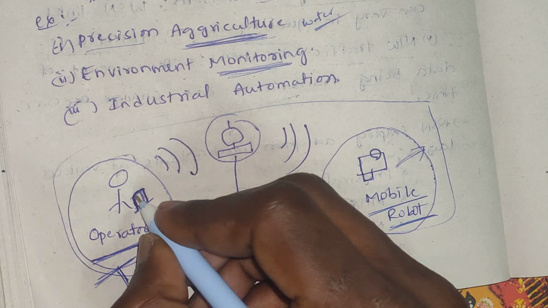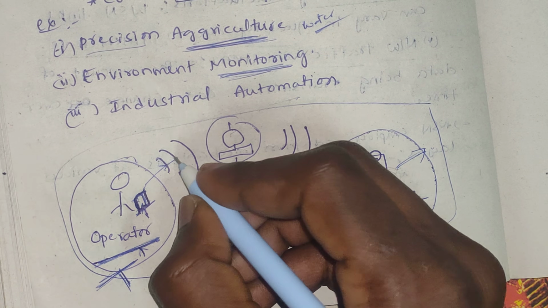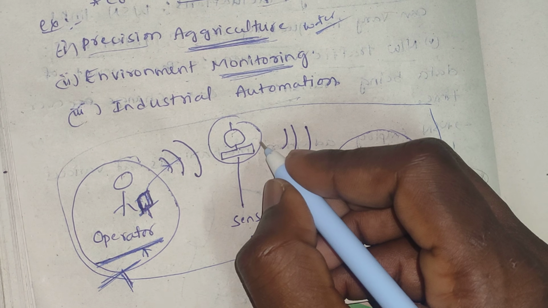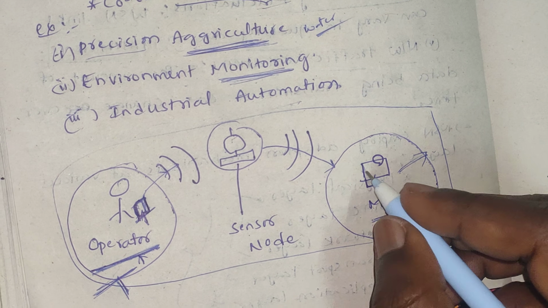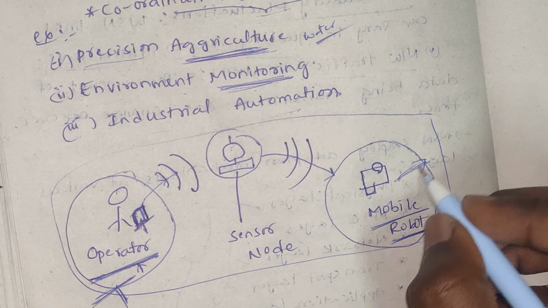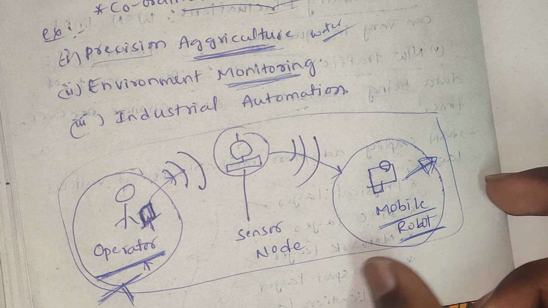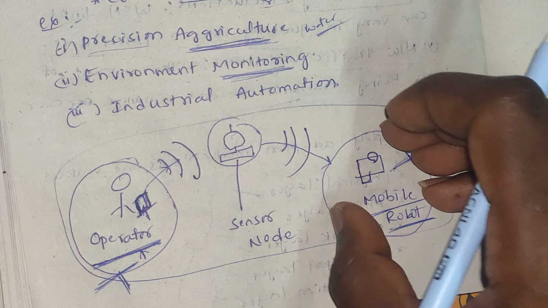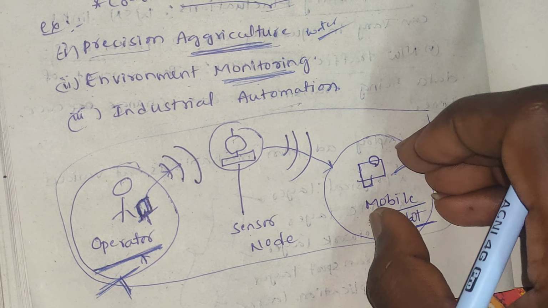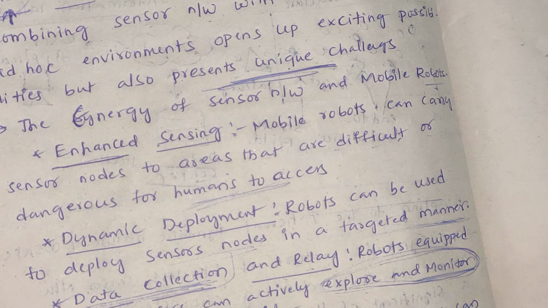Whatever he presses on the remote, those radio signals will go to the sensor, and the radio signal will give the instruction to the mobile robot, so that the mobile robot can perform easily and quickly. The work done by the operator or human being will all be done by the mobile robot using the sensor node. This is nothing but the sensor network and mobile robot.